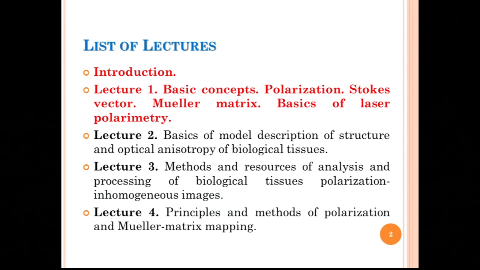In the third, we will talk about the methods and resources of analysis of obtained results during the processing of biological tissue polarization inhomogeneous images. And in the fourth, we will discuss the principles and methods of polarization and Mueller matrix mapping.